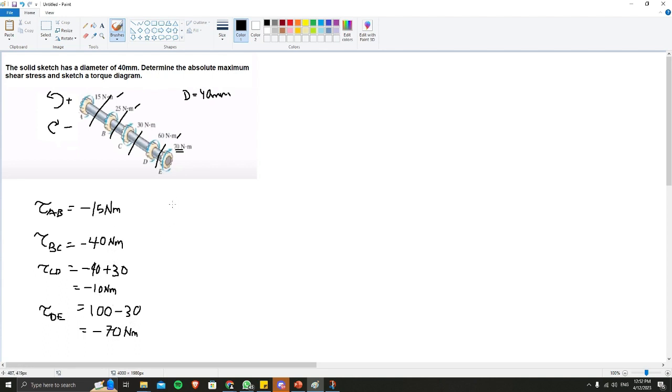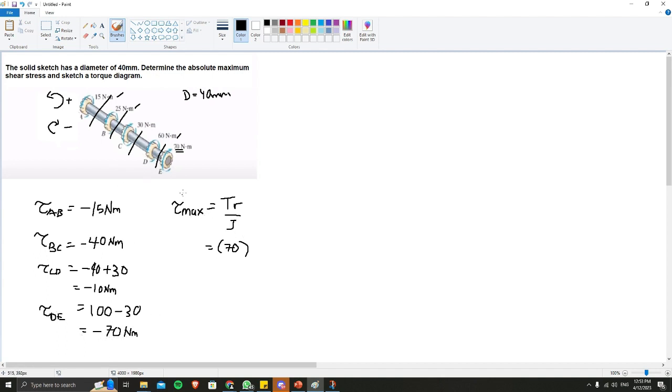And for maximum shear stress in this diagram, we have to use the formula T R over J. Okay, so the T is 70, even though the maximum is negative.